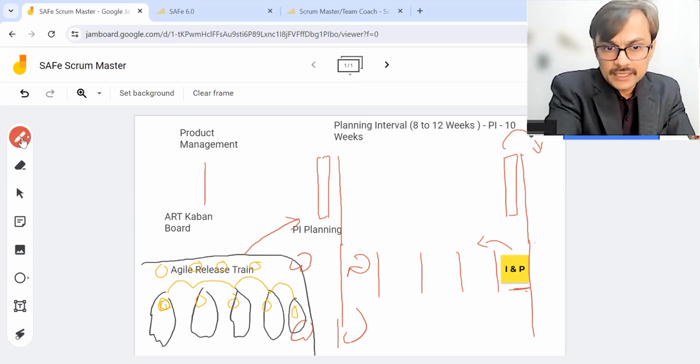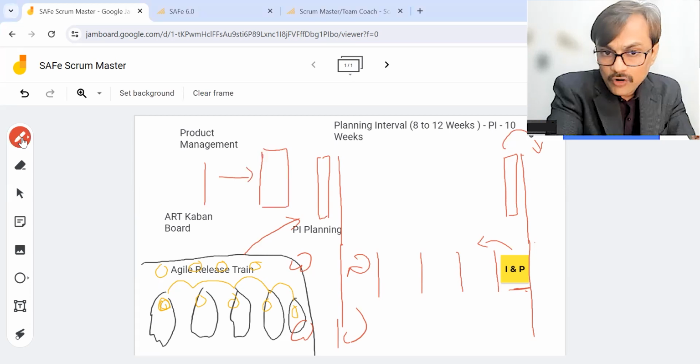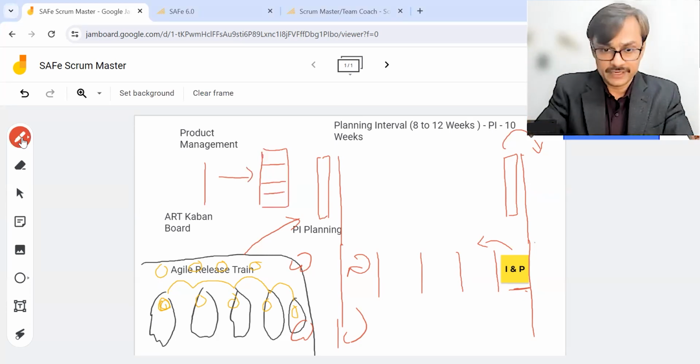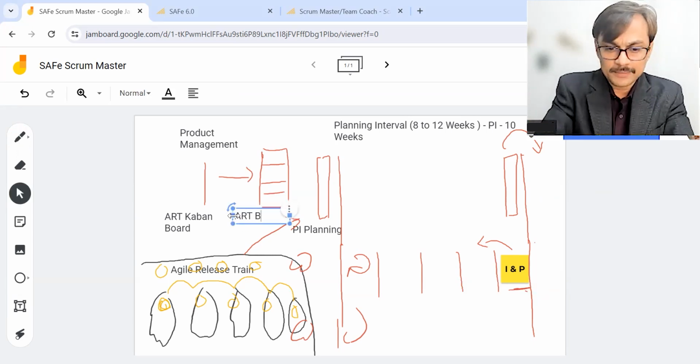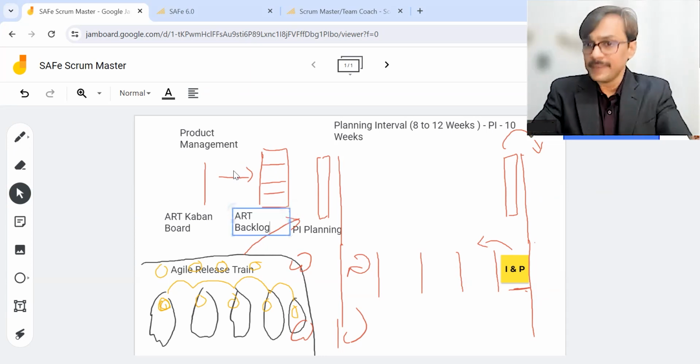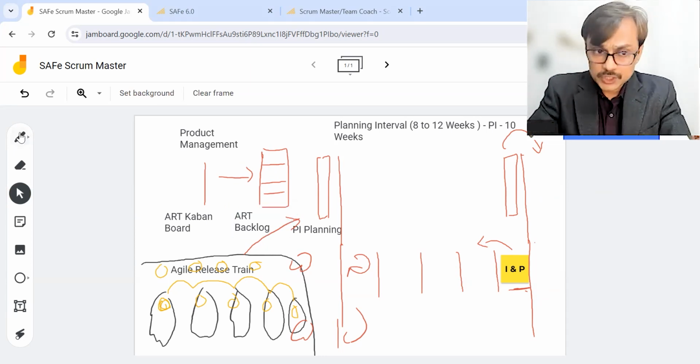Ultimately, this refinement leads to a well-refined backlog for the upcoming PI. That backlog is common for the whole Agile Release Train and is called the ART backlog, which is managed by product management and continuously refined.